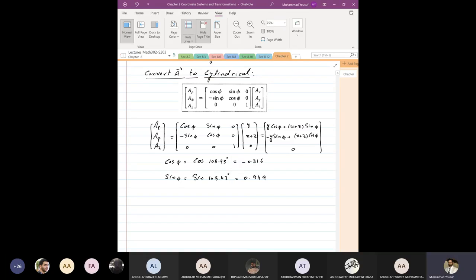Okay, so with this, A rho, which is y, what is y in our coordinate system? 6 multiply negative 0.316 plus x plus z is 1 and multiply 0.949.